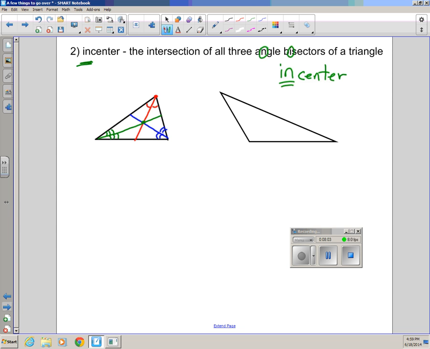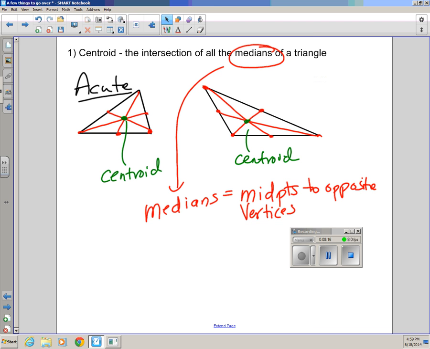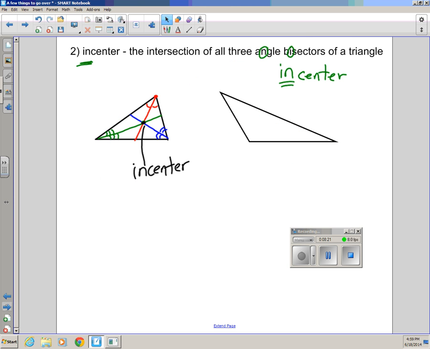So all the angle bisectors meet at what's called the incenter, which, believe it or not, is different than the centroid. If you take a look, this centroid is a little to the left of the incenter.